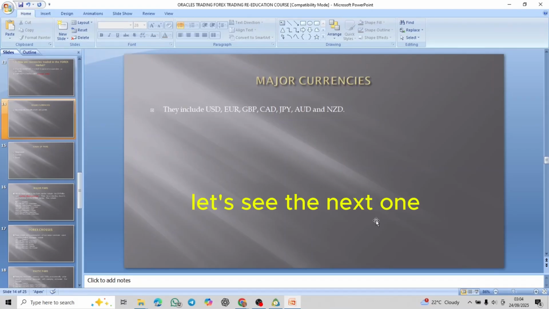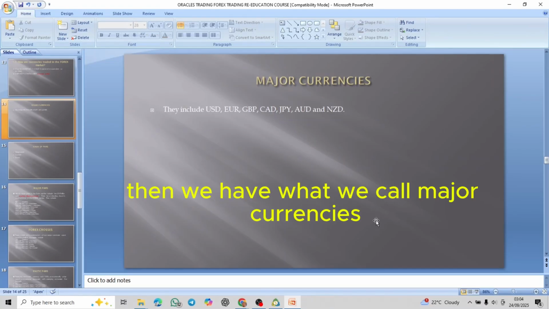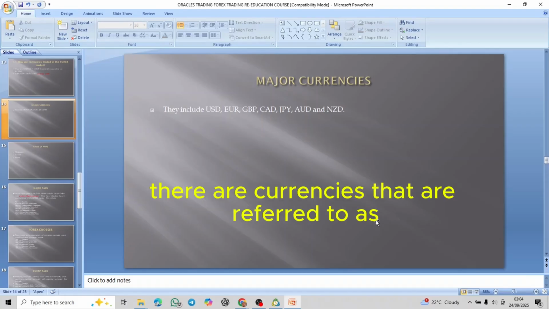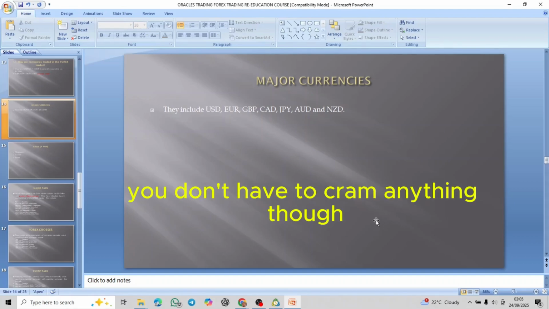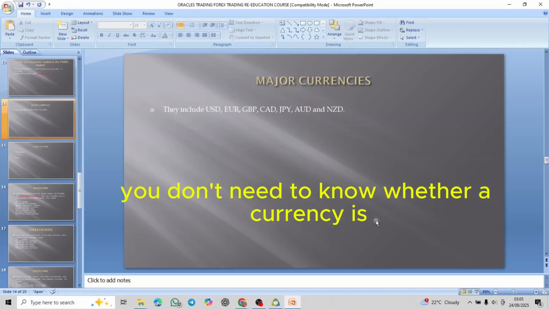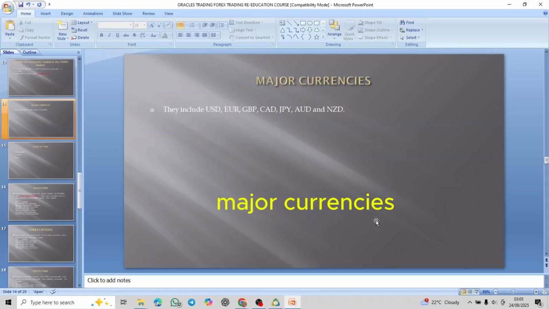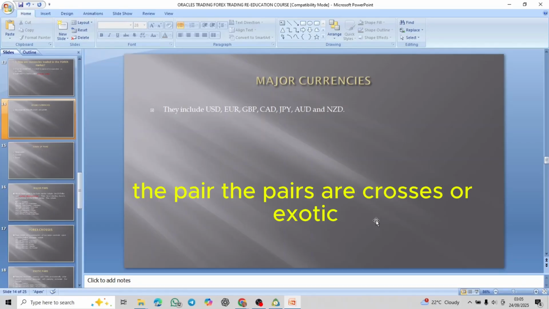Let's say the next one. Then we have what we call major currencies. In the forex market, there are currencies that are referred to as major currencies. You need to know them. You don't have to cram anything. Though for you to become a successful trader, you don't need to know whether a currency is a major currency or the pairs are crosses or exotic.